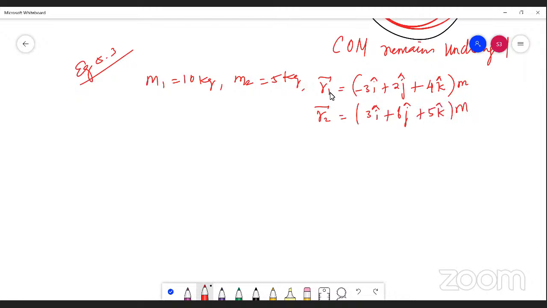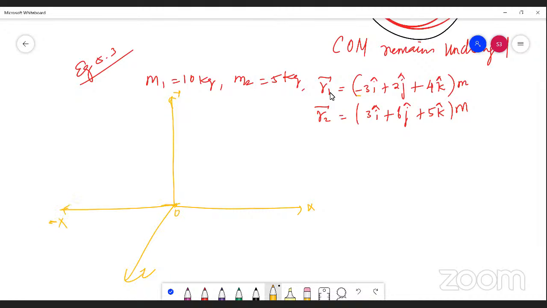Let me draw the diagram for this. The diagram seems to be somewhat typical, but you can understand it clearly. Let me draw the coordinate axes. Let me take this as the x-axis, this one as the y-axis, and this one as the z-axis. As a negative sign is given for the x coordinate, this is the origin and this is the negative x direction.